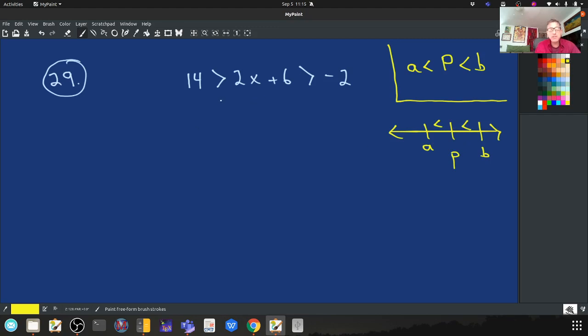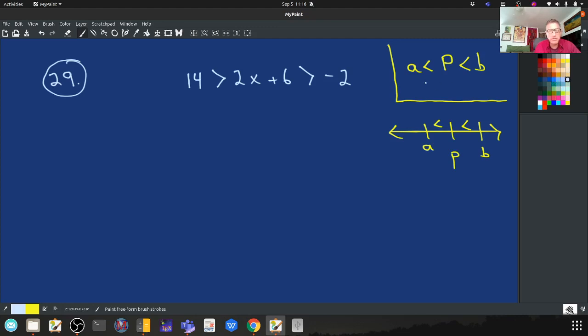So what I'm going to suggest is we employ a trick. Remember, if we multiply all three parts of an inequality by the same number, it preserves the inequality. However, if that number is less than 0, we have to flip the signs.